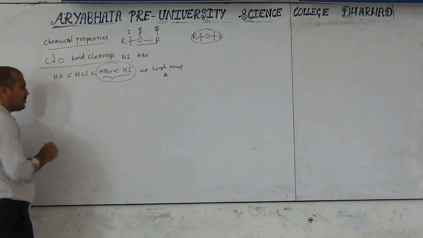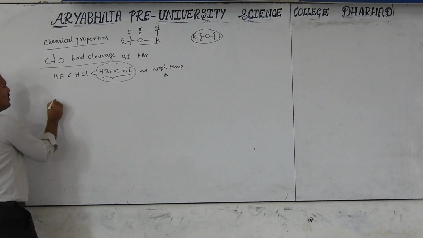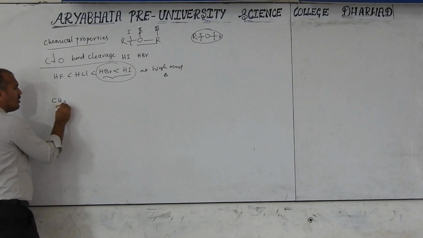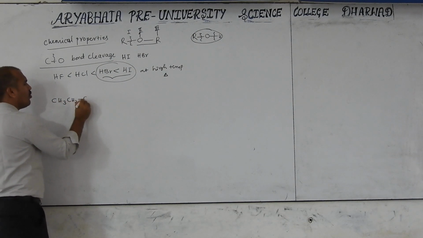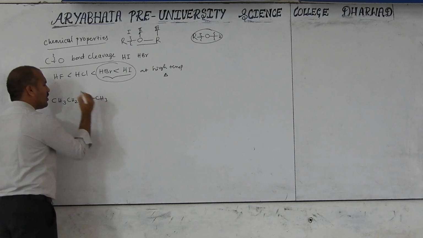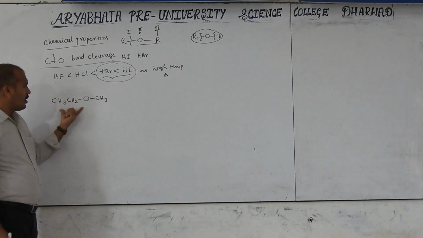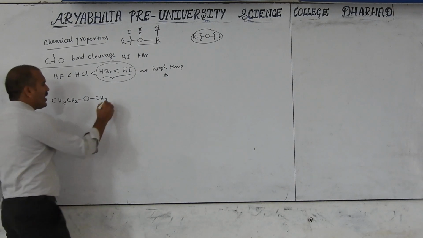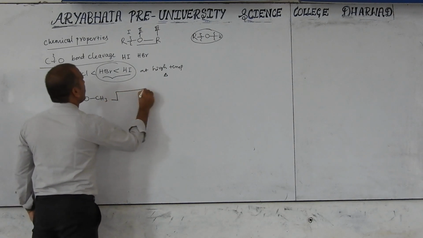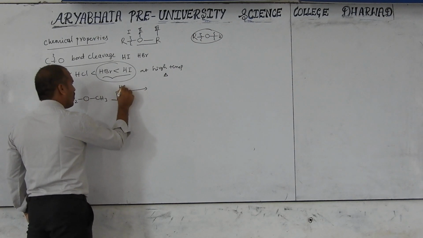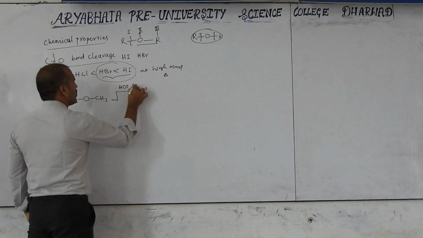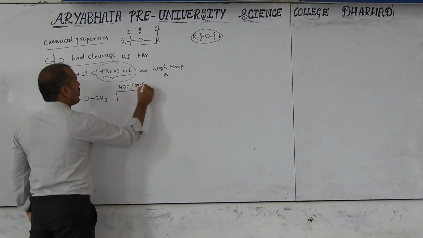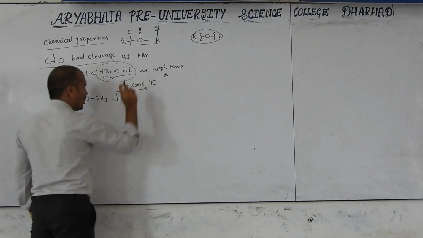Now I am taking here CH3CH2OCH3. This is one of the ethers reacted under 2 types of conditions. One is hot concentrated HI or HBr, anyone.